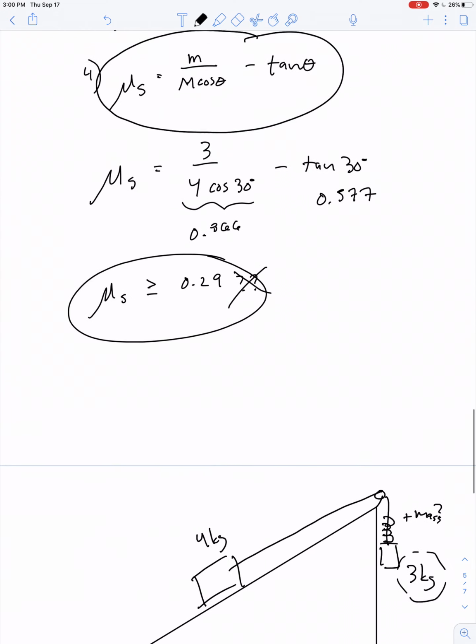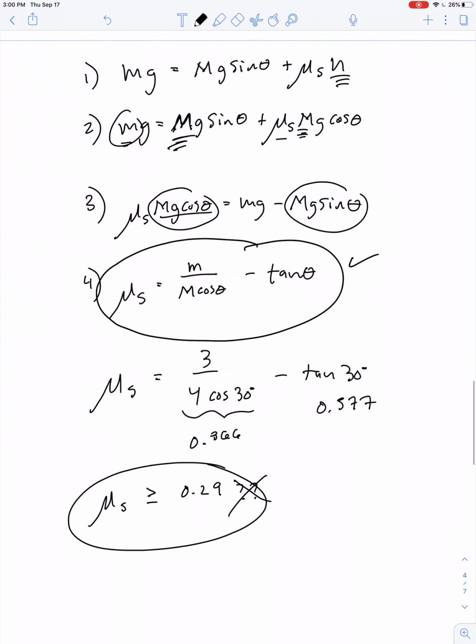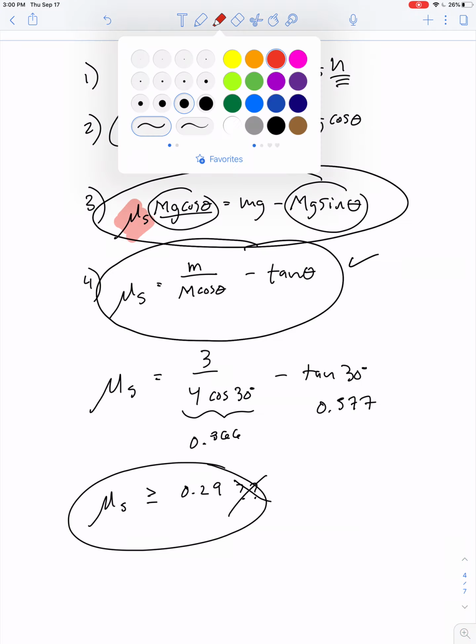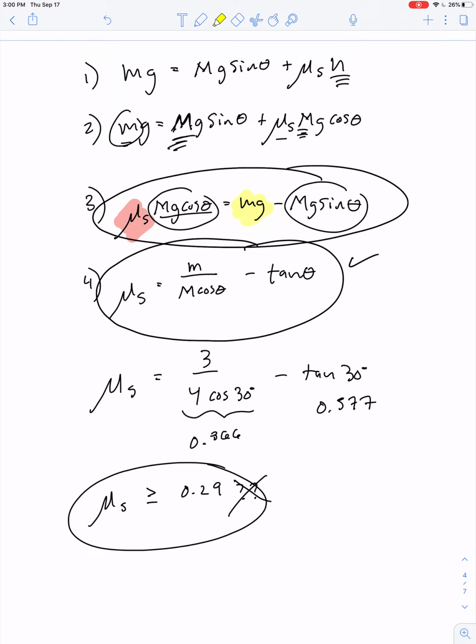Okay, so where did this equation come from? We can go back one more step in our work to here. Now this time we're just solving for a different quantity. Instead of algebraically isolating for mu static, now we want to use this to isolate for lowercase m.